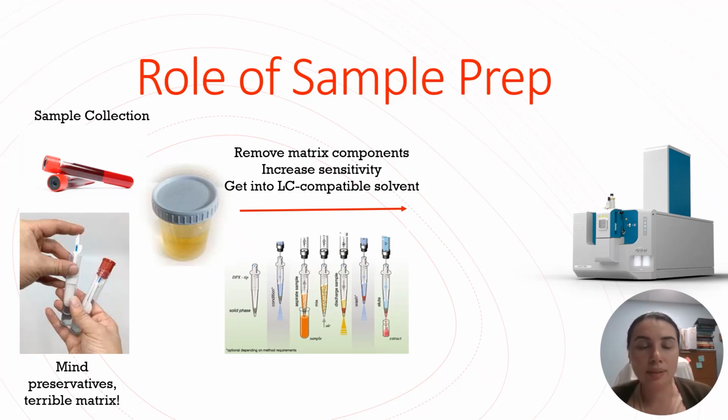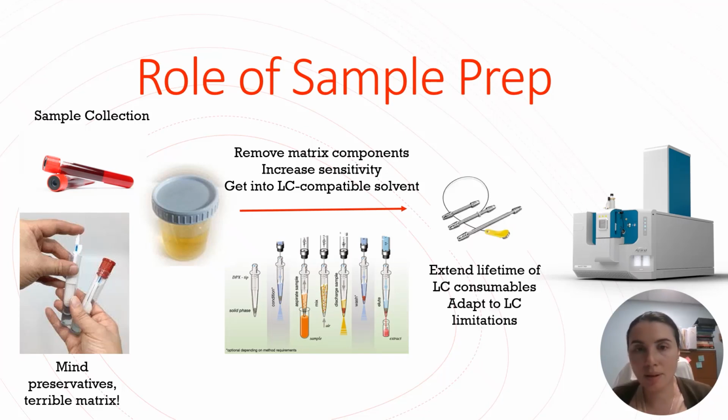Sample prep increases sensitivity by removing these interfering components, and it also gets your sample into an LC compatible solvent. It also has an important role in extending the lifetime of your LC consumables, and so you can use that to adapt to whatever LC limitations you might have in your lab.